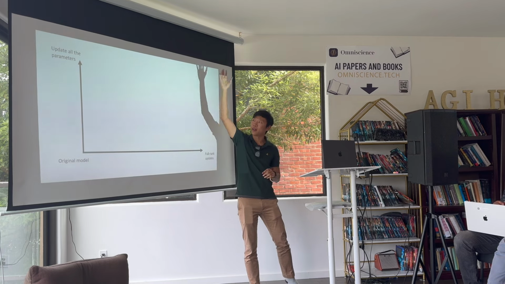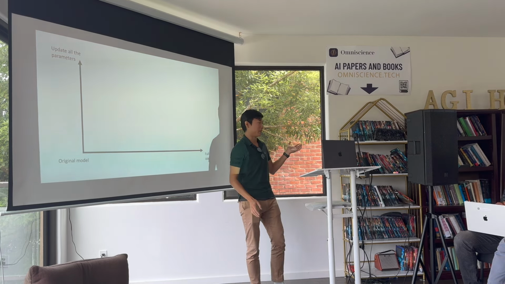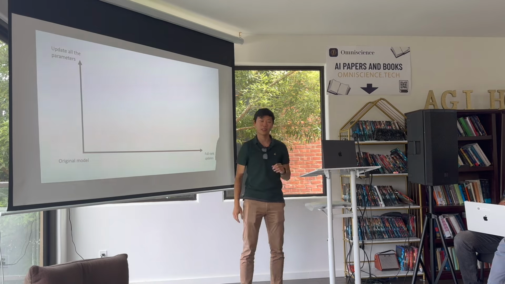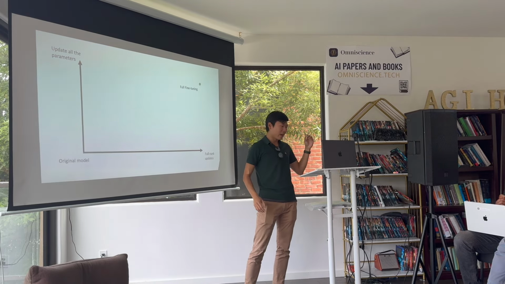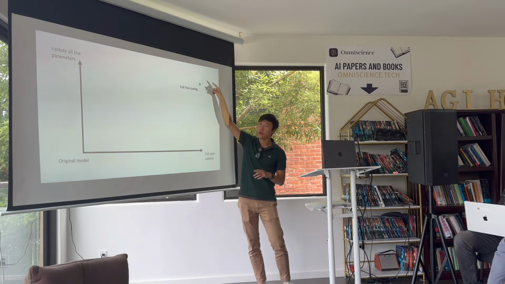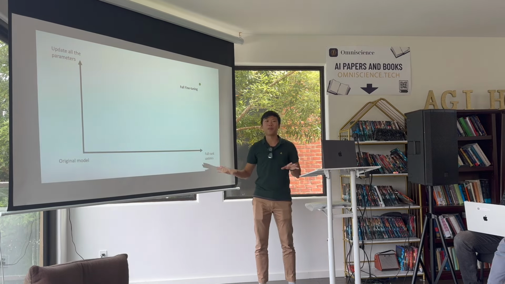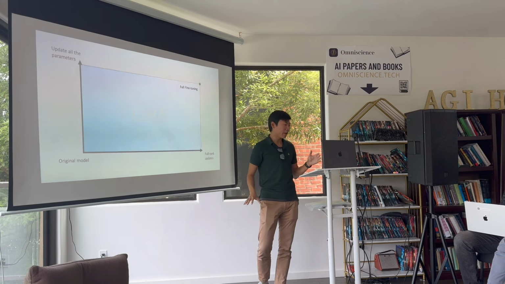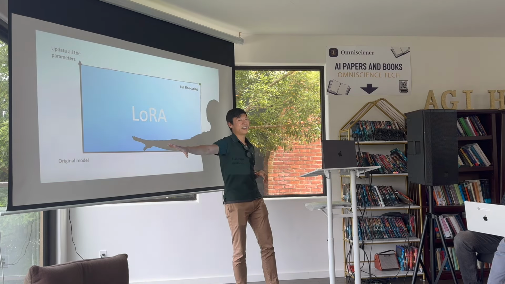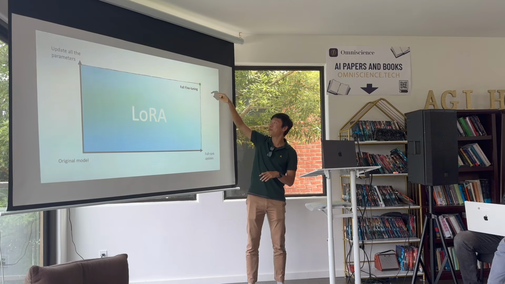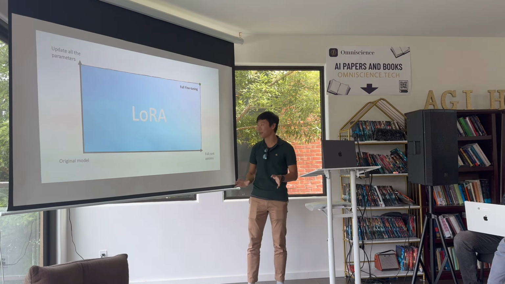On the y-axis, you have the first question, which is, do we update all the parameters or just a subset? Full fine-tuning is all the way in the corner: you update all the parameters with the entire matrix, so it's full rank. So LoRA is actually this entire 2D plane. You can have points outside of the plane, but it doesn't make much sense empirically.